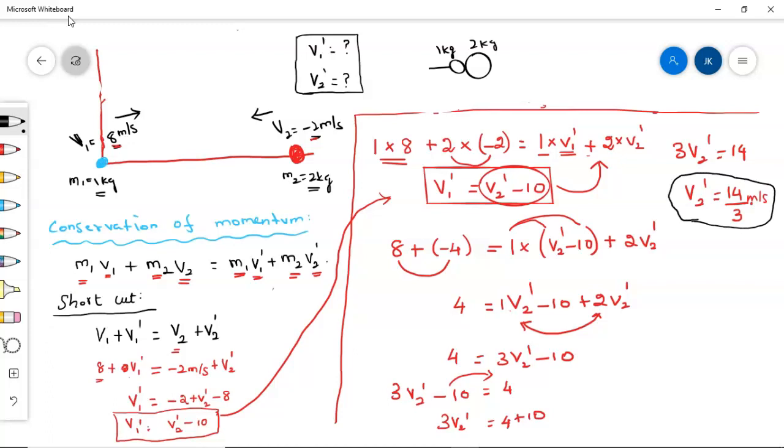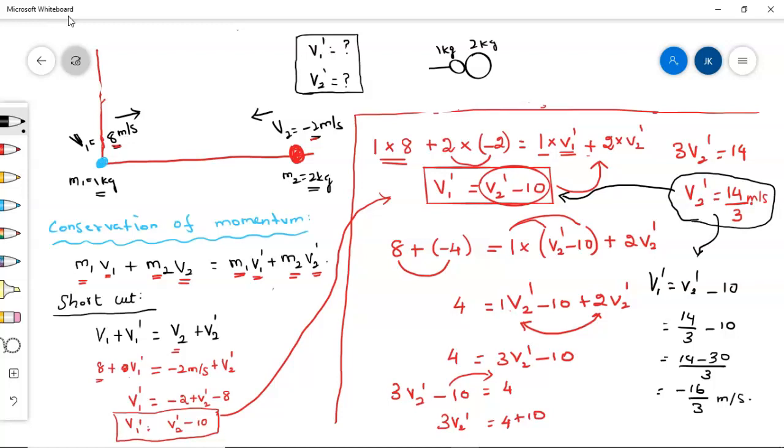Now I want to find v1 prime, so I substitute this value here. v1 prime is equal to v2 prime minus 10. So v2 prime value is 14 over 3 minus 10. So 14 minus 30 over 3, which is negative 16 over 3 meter per second.